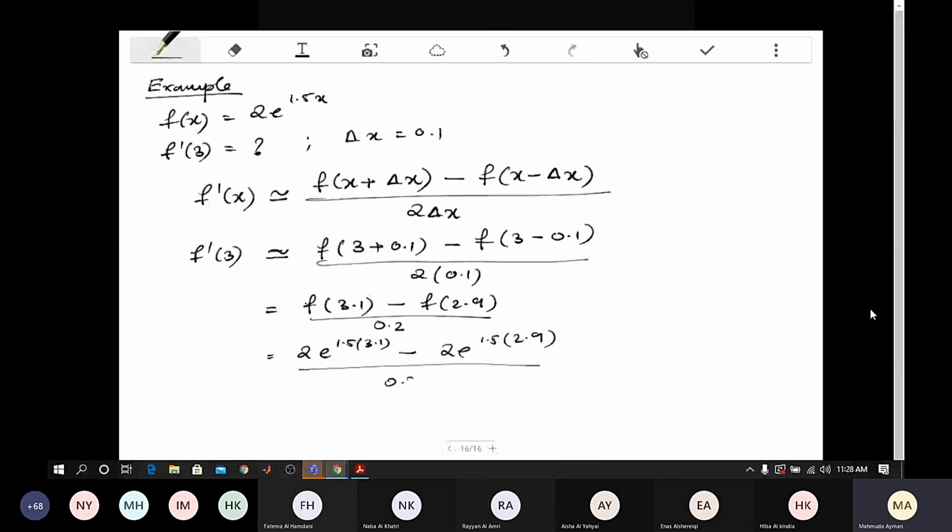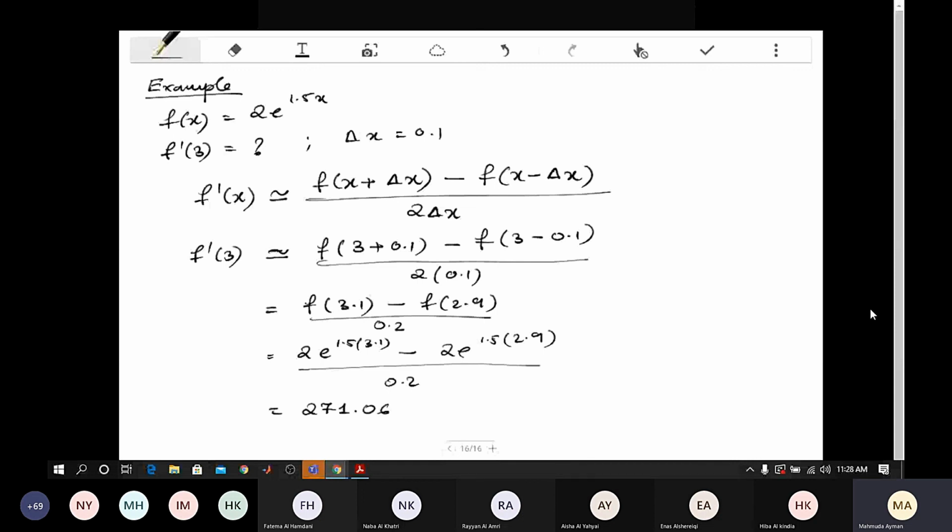So that is equal to what? Okay, correct. That's correct answer. So we have here 271.06.